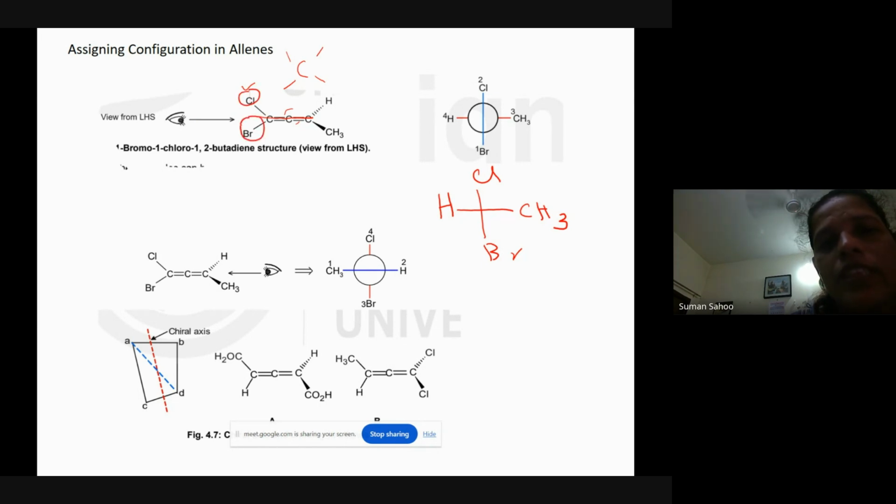Among these, bromine has higher priority, chlorine has lower priority. So put bromine 1 and chlorine 2. And then comes the priority of the rear end carbons, so the substituents on the rear end. In this rear end, we have the CH3 group and hydrogen. Among these two, CH3 has higher priority compared to hydrogen. So this will be 3, and this will be 4.